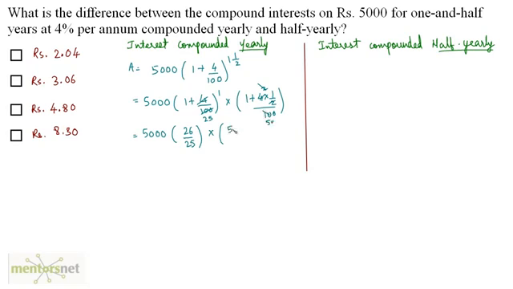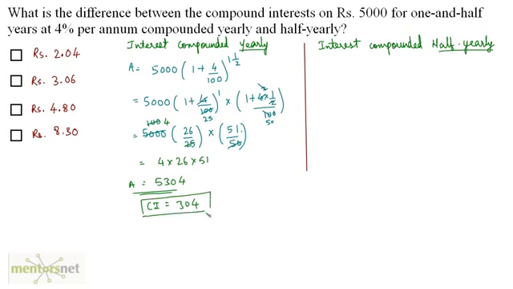So you have 51 by 50. So 50 times 100 is 5,000 and 25 times 4 is 100. So you have 4 times 26 times 51. So the amount is equal to 5,304. This is the amount. Compound interest is equal to the amount minus the principal, that's 5,304 minus 5,000, that's 304. So we have found out the compound interest compounded yearly.